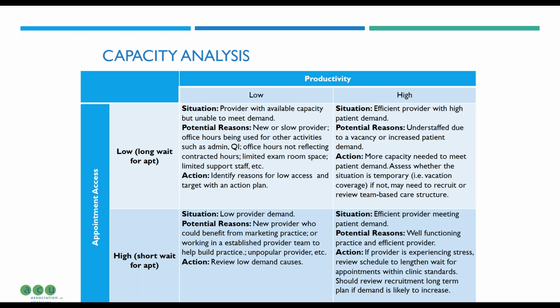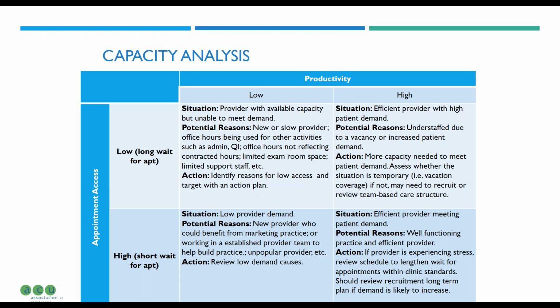Limited examiner space can be a cause, and limited support staff. So the action would be identify the reason for the low access and target with an action plan. So this is where you would hit on the action plan.